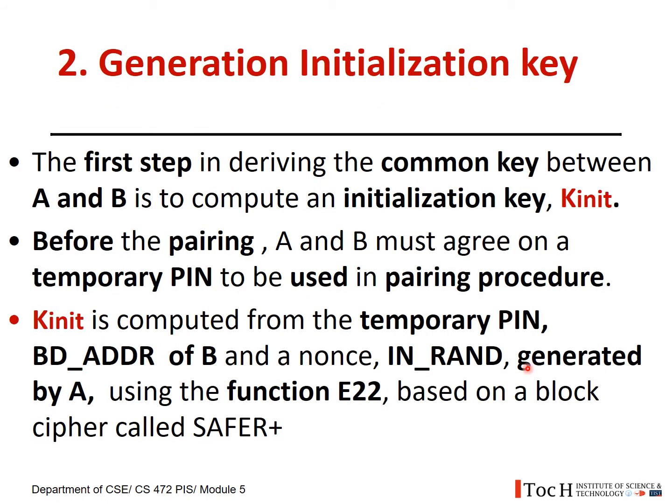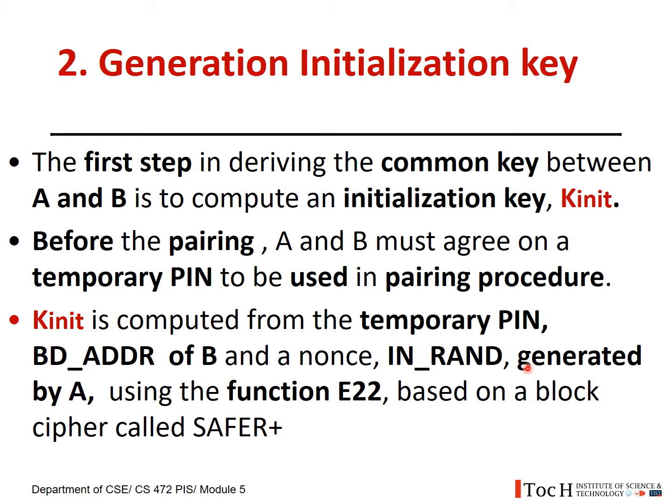Next is the generation of the initialization key or K-init, and the computation of K-init is the first step in deriving the common key or the link key between the two communicating devices A and B. For this, before the pairing procedure, A and B should agree on a temporary PIN.